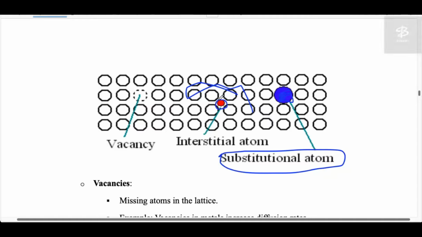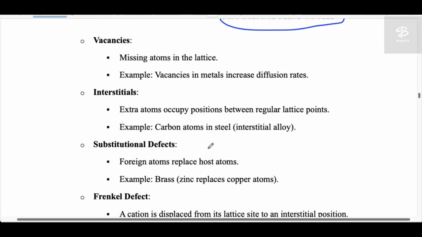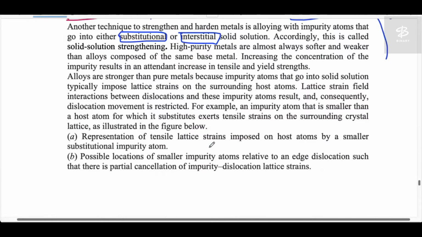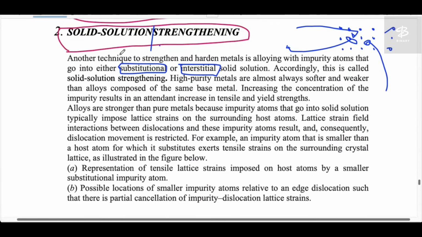So introducing such things can make your material stronger, or make your material harder. By introducing some impurities in your material, you can increase the strength and hardness. At the same time, you are compromising some other properties, because imperfection in a solid will reduce something.